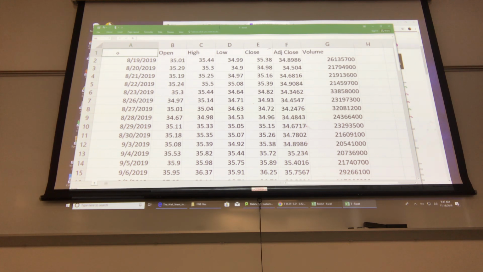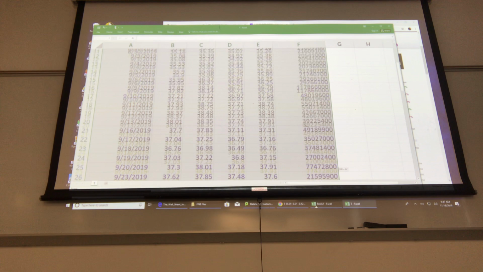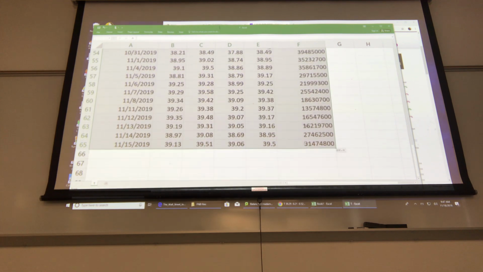What graph do I want you to make? I want you to make a candlestick graph. I don't want you to be bothered with the adjusted closing price. I want to take that and look at what is happening with your data. I want you to insert a graph.